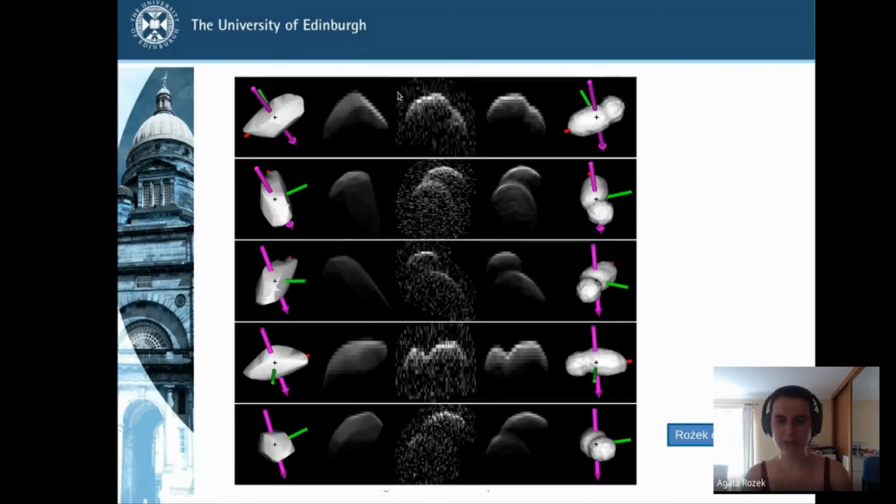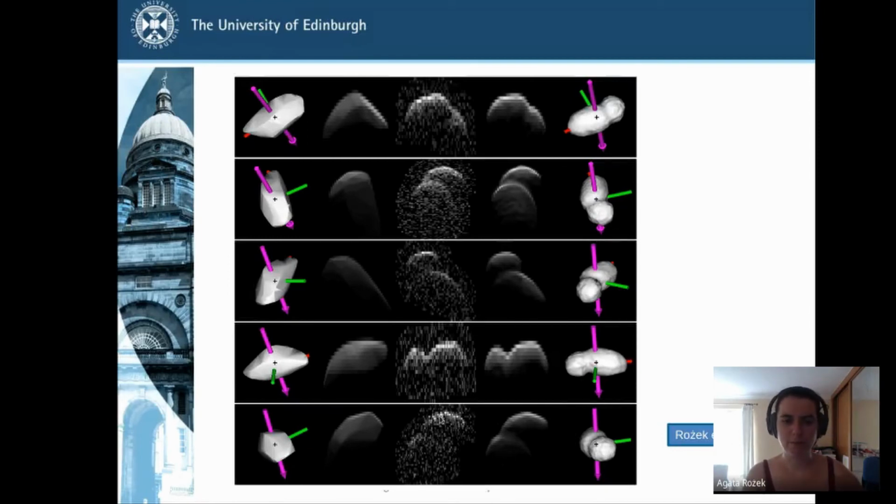So again, the horizontal axis is the Doppler shift or the velocity of different parts of the surface. The vertical axis is the delay of the signal, so how far the signal traveled before it was bounced back towards the observatory. So this is the delay or the distance to different parts of the surface.